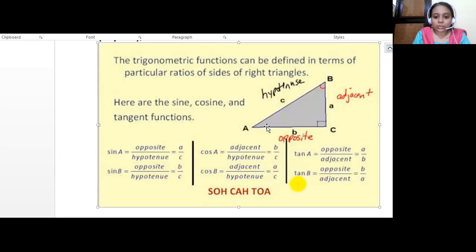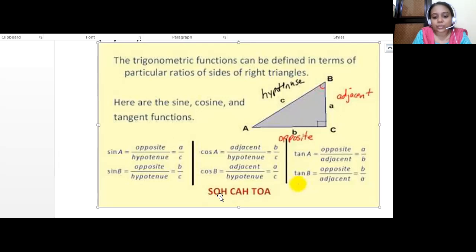So if we just know the measure of angle A, we can find the ratios. We just have to find sine A, cos A, and tan A in order to get these ratios. And these functions transform the angle into that value which equals the ratio of the respective sides.